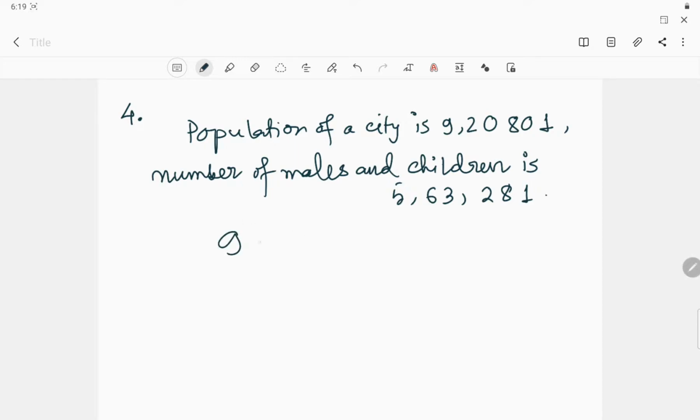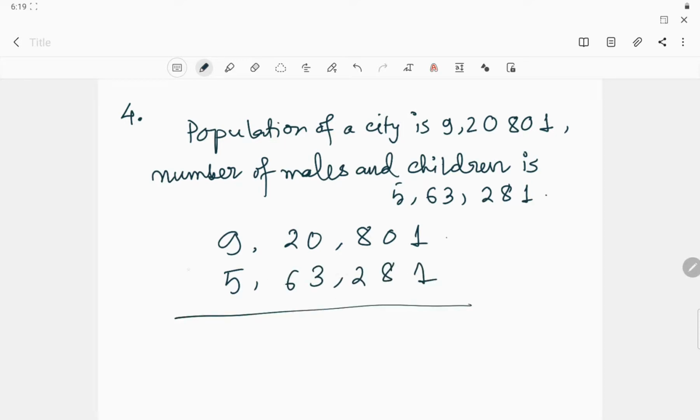Now write down the figures and subtract. 1 minus 1 is 0. Since 0 is less than 8, so it will be 10 and it will be 7. 10 minus 8 is 2, 7 minus 2 is 5.